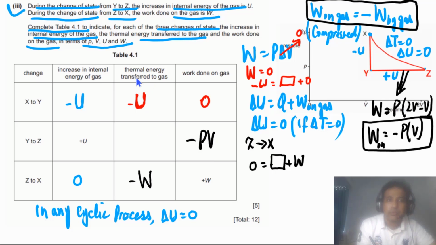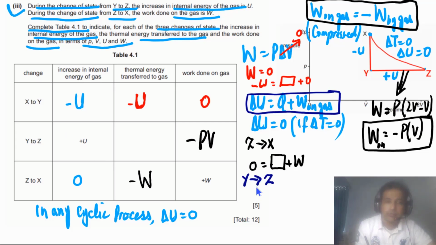Now we need to calculate thermal energy. For the last one, we use a different color. From Y to Z, we write down the first law of thermodynamics again. We have delta U here, which is plus U. We need to calculate thermal energy transfer to the gas, Q, plus we have work done, which is negative PV.